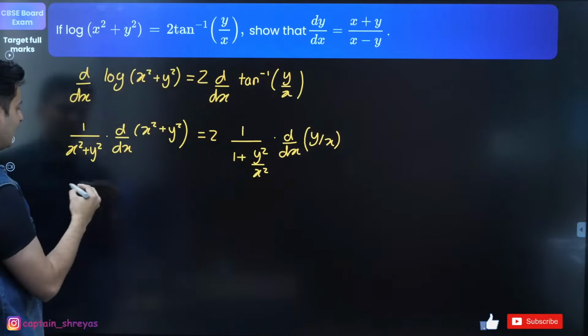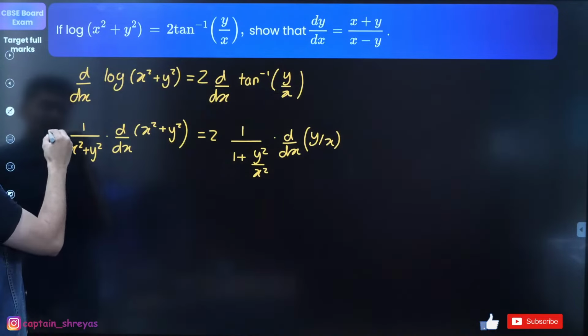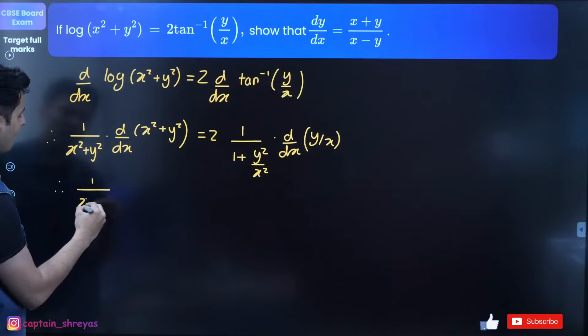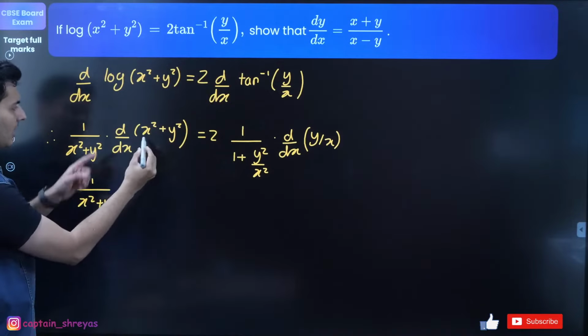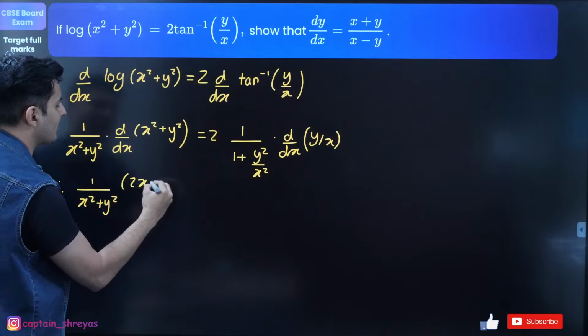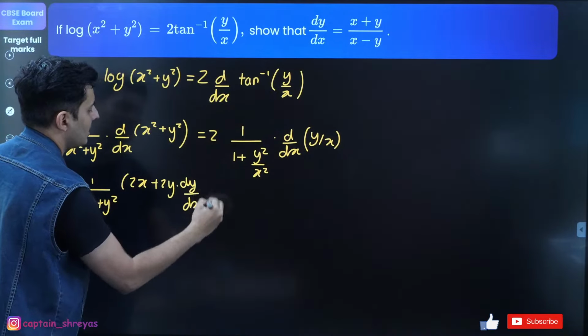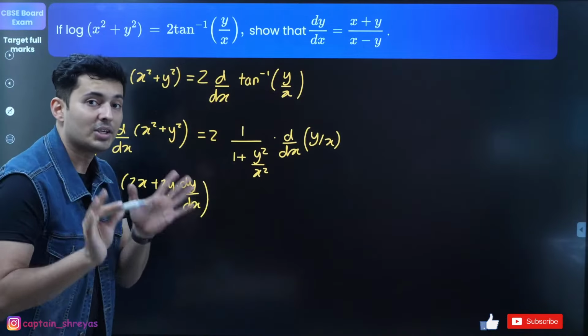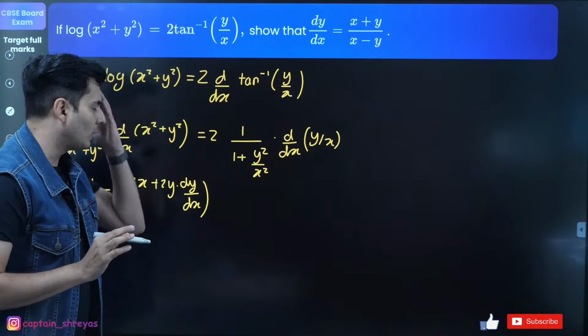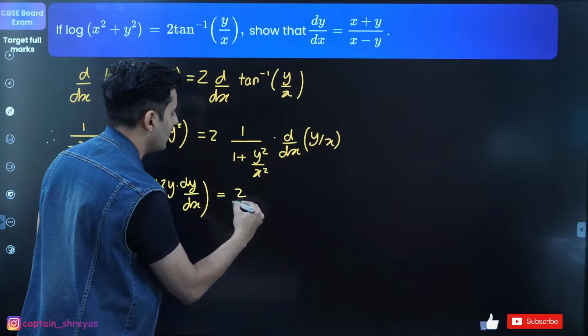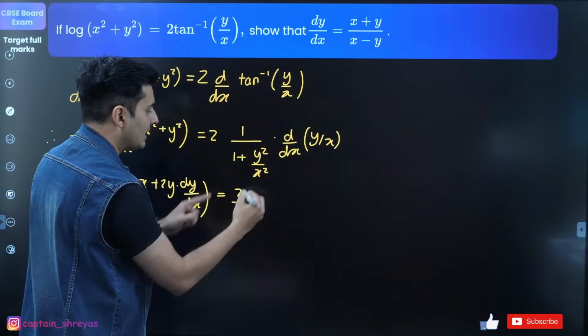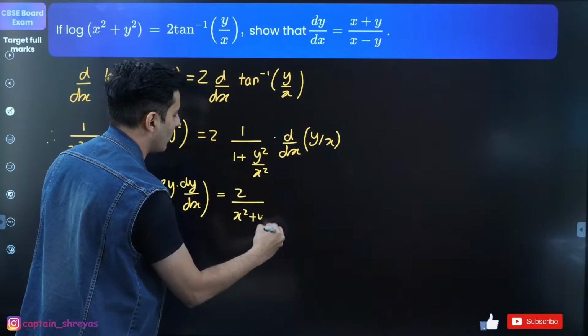Okay, what's the next step? Check this out. So this will become 1 by x square plus y square. This guy's derivative will be 2x plus 2y into dy by dx, because y is a function of x. Don't just miss that out, okay? Is equal to 2 divided by this, take LCM, so it will become x square plus y square.